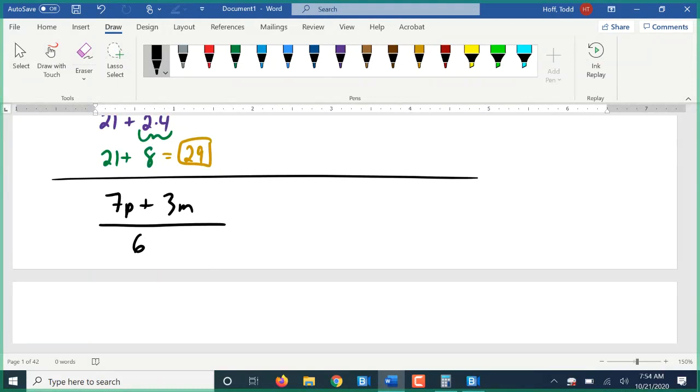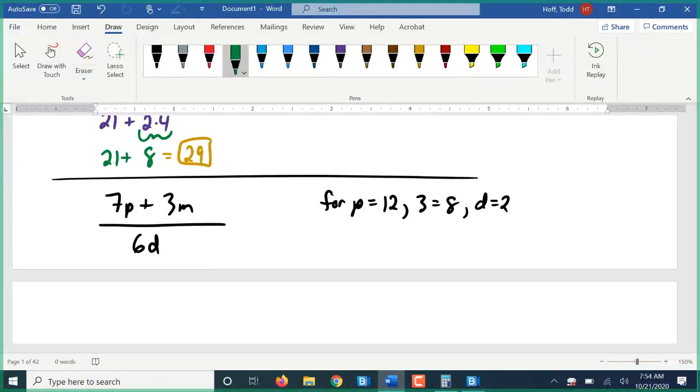We might have something like 7p plus 3m over 6d, and we're asked to evaluate that for p equals 12, m equals 8, and d equals 2.